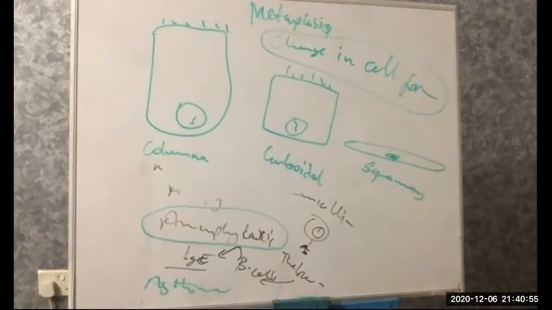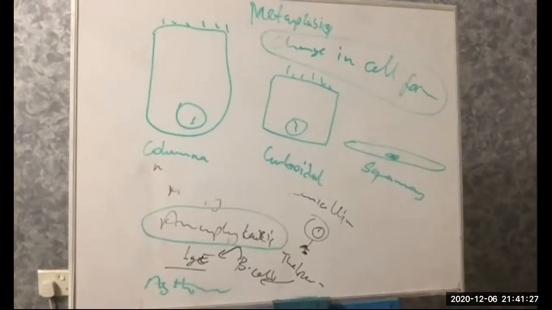Now, in a place where it stretches, like the bladder stretches, most of the time the cells over there are called transitional cells. The cell looks like columnar, but as the bladder keeps on filling with urine, it changes to squamous. Once it becomes empty again, it comes back to columnar.